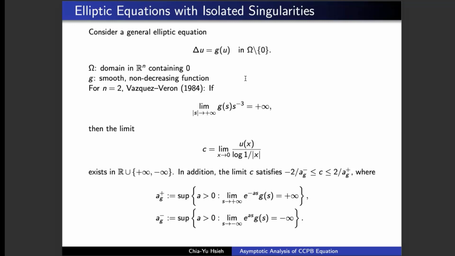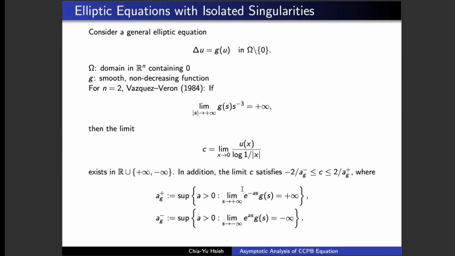For this equation, if n equals 2, the 2D case, Vazquez and Brezis proved that if the growth rate of g is greater than cubic growth, then the limit of the ratio of u to log 1 over |x| exists, and the limit belongs to some range depending on the growth rate of g.